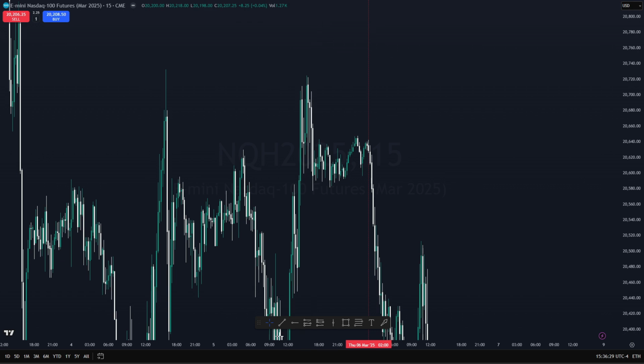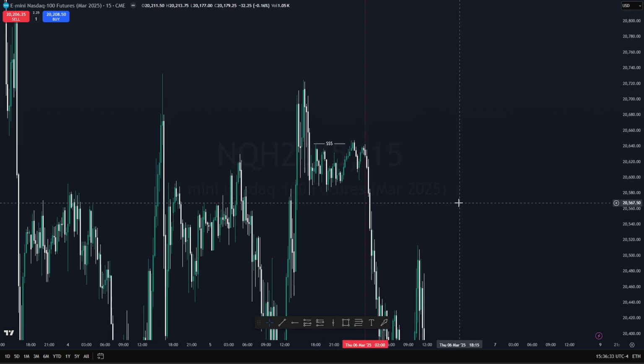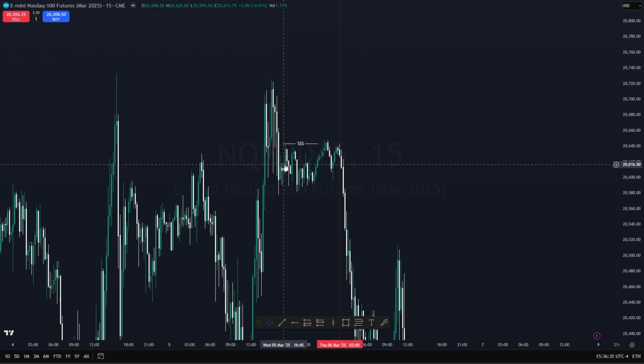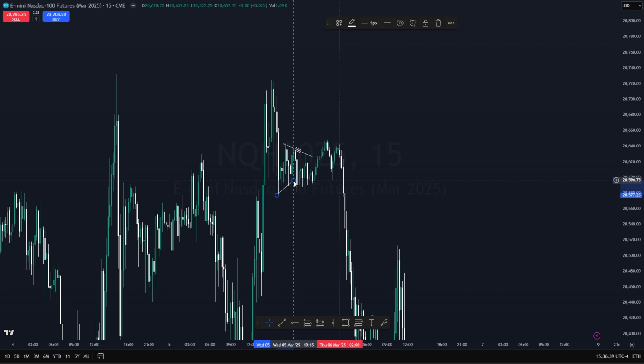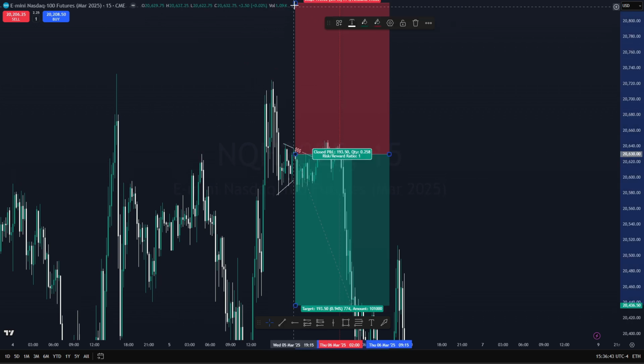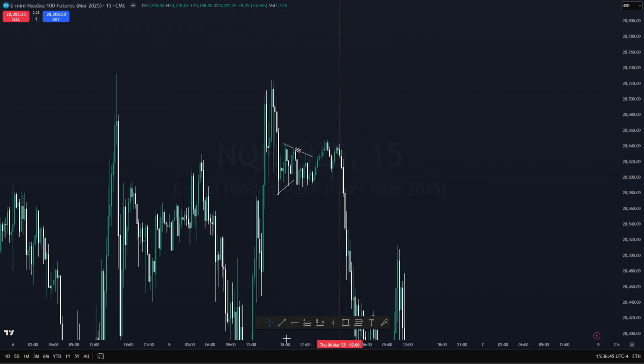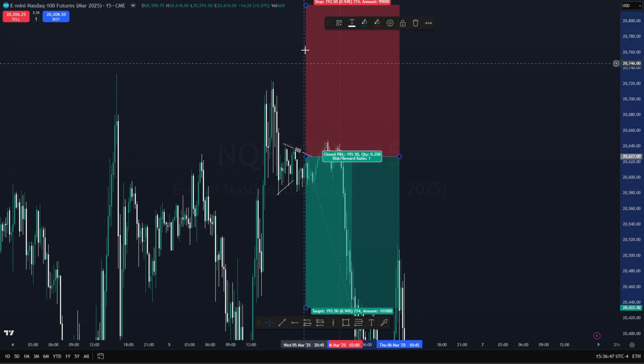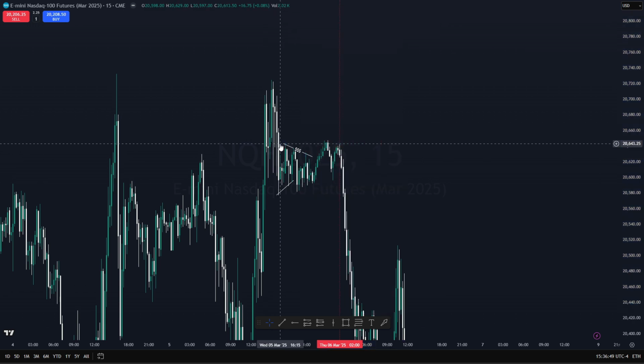Then during Asia, we get even more liquidity built up right there, right? All these highs, all these trend line lows here. What do they do at each of these highs? Retail, they go short. They go short, they go short, right there, stops above there, right?